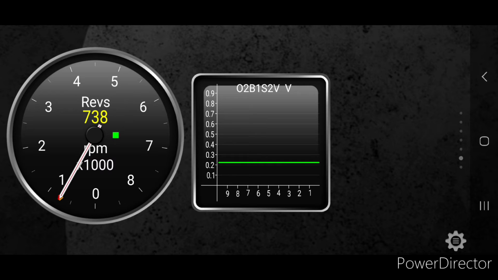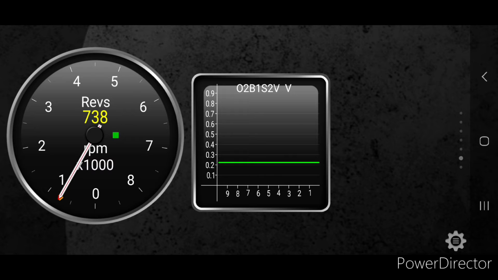So right now the reading is somewhere in point maybe 24, 200, maybe 220 millivolts or 0.2 volts, correction guys. This kind of reading, guys, is very unusual.